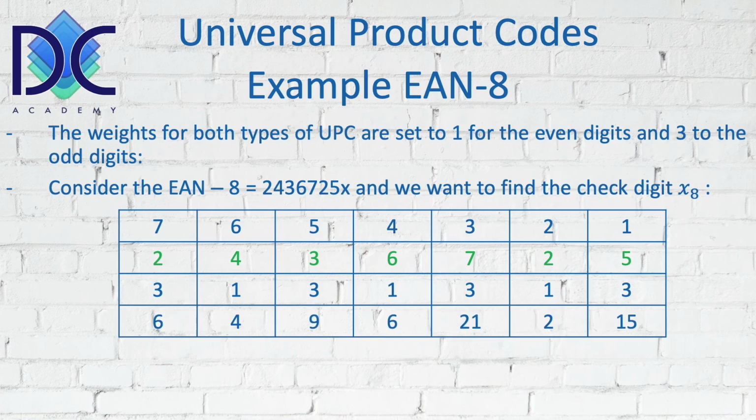Then we multiply those. So we do 2 times 3 gives 6, 4 times 1, 4, and so on. So we find on the bottom line at this moment 6, 4, 9, 6, 21, 2, and 15.